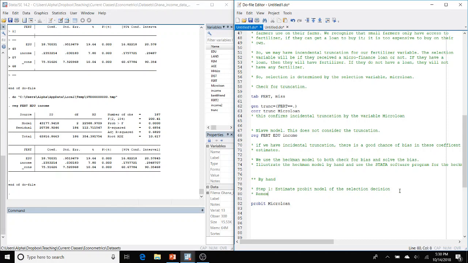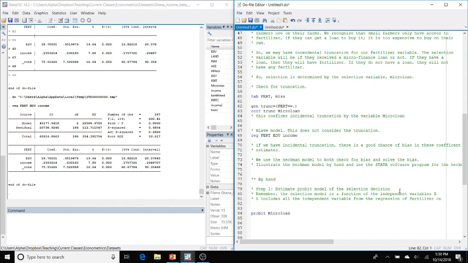The selection model is a function of the independent variables z. z includes all the independent variables from the main equation, the regression of fertilizer.